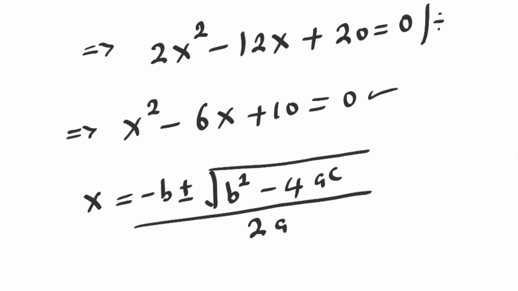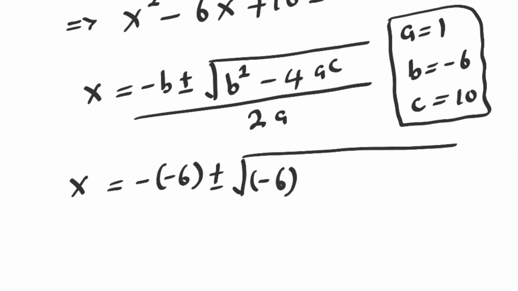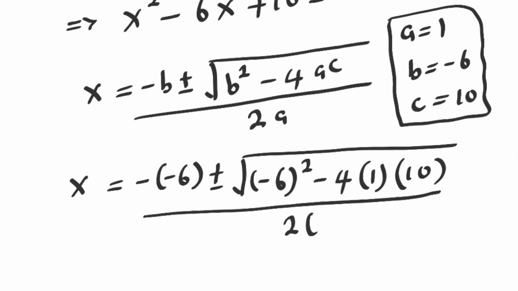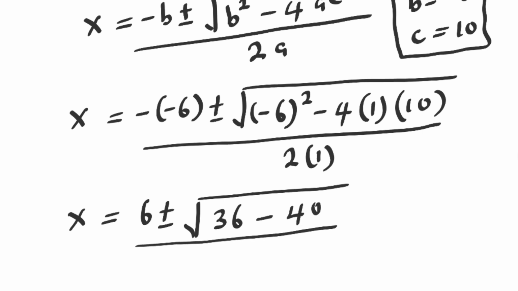Then from this equation, a is equal to 1, b is equal to minus 6, c is equal to 10. x is equal to minus bracket minus 6 plus or minus square root of minus 6 squared minus 4 multiplied by 1 multiplied by 10, divided by 2 multiplied by 1. x is equal to minus times minus is 6 plus or minus square root of minus 6 squared, that is 36, minus 4 multiplied by 1 multiplied by 10, that is minus 40, divided by 2 multiplied by 1, 2.